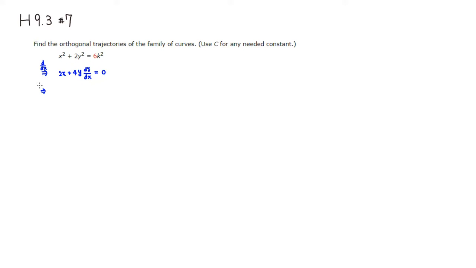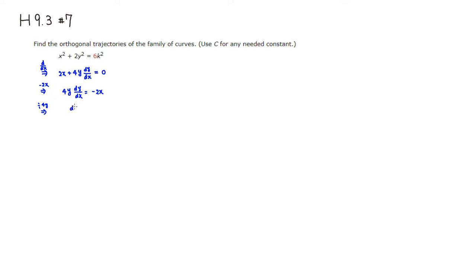I'm going to first subtract the 2x. So we have 4y times dy over dx is equal to negative 2x. Then we divide through by 4y.